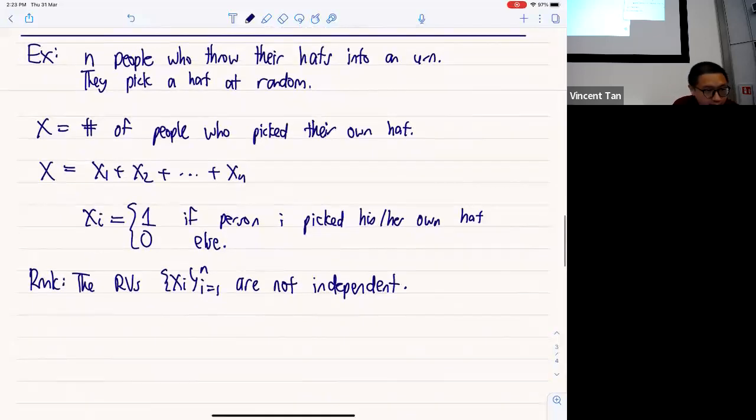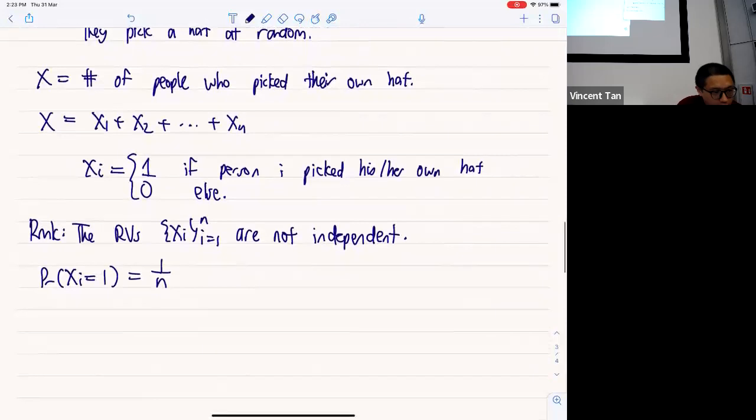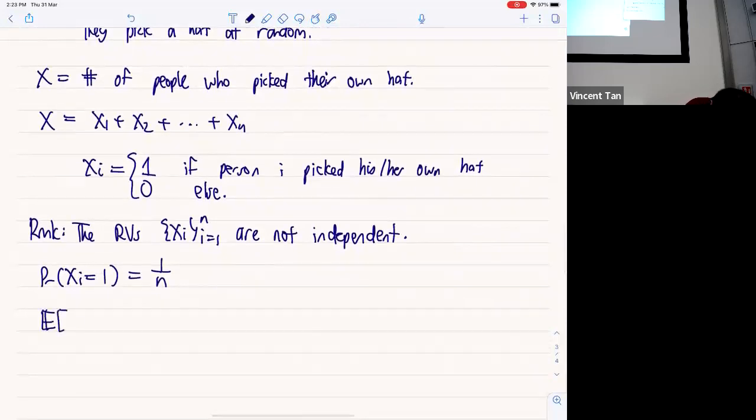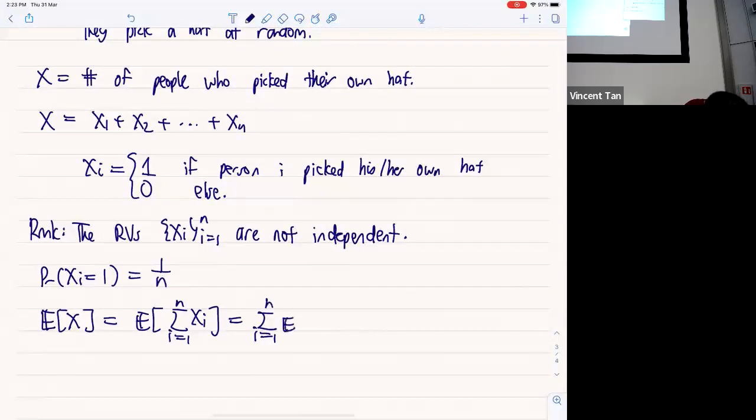Right, nevertheless, we have that the probability that Xi is equal to 1 is equal to 1 over n. There's a 1 over n chance of me picking my own hat. Okay, so the expectation value of X, which is the sum of all these Xi, I'll just write it in terms of the sum of Xi, i running from 1 to n. That is nothing but the sum of the expectations. We have done this calculation before.